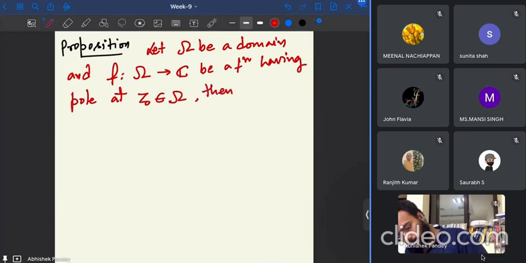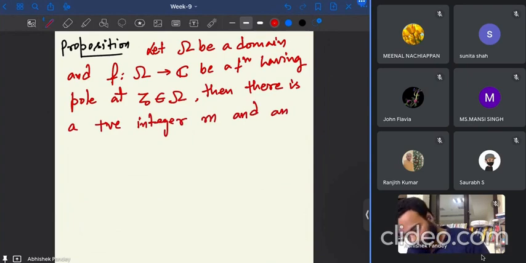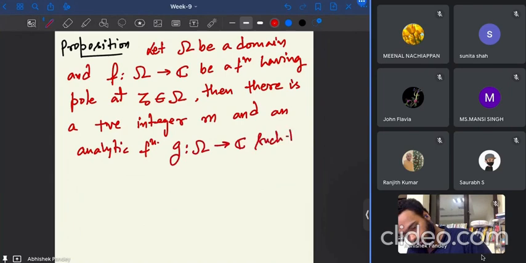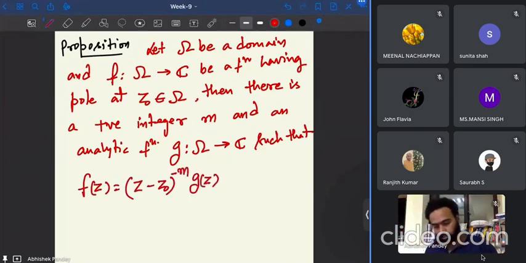Then there is a positive integer m and an analytic function g from omega to C such that f of z can be written as (z minus z naught) to the power minus m into g of z. This is what we have proved.